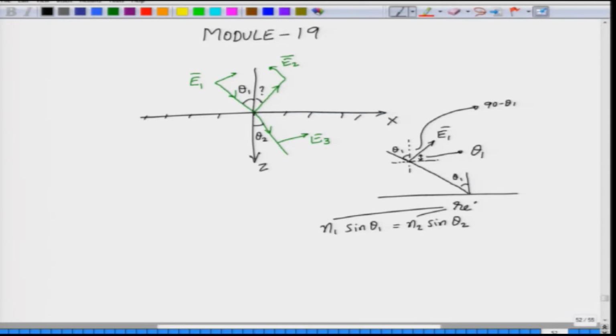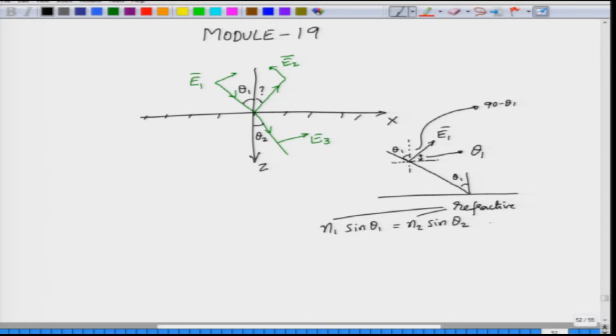So, what happens? We know from Snell's law two things are going to happen. One is that there will be a transmission into the second medium whose angle of refraction theta 2 can be related to theta 1 by the following Snell's law. You have n1 sin theta 1 equals n2 sin theta 2, where n1 and n2 are the refractive indices of medium 1 and medium 2.